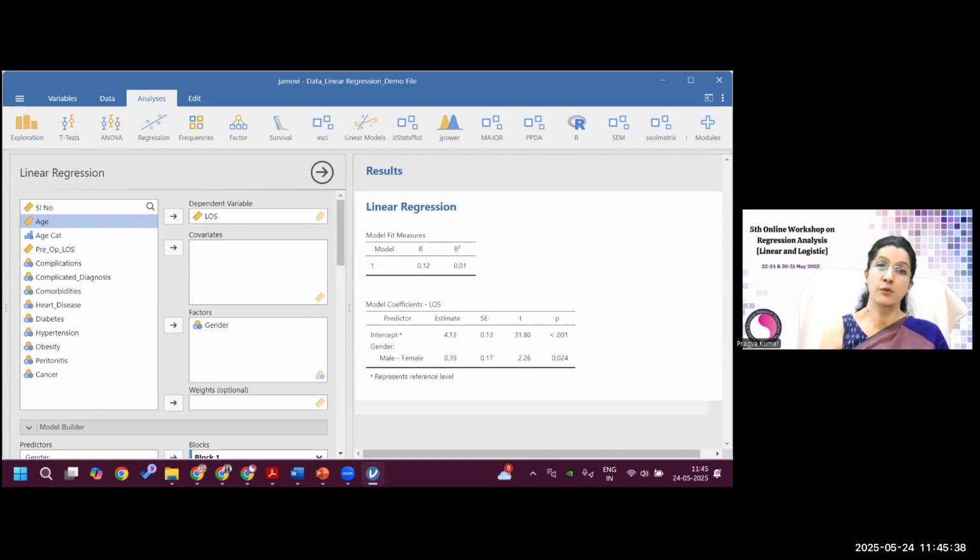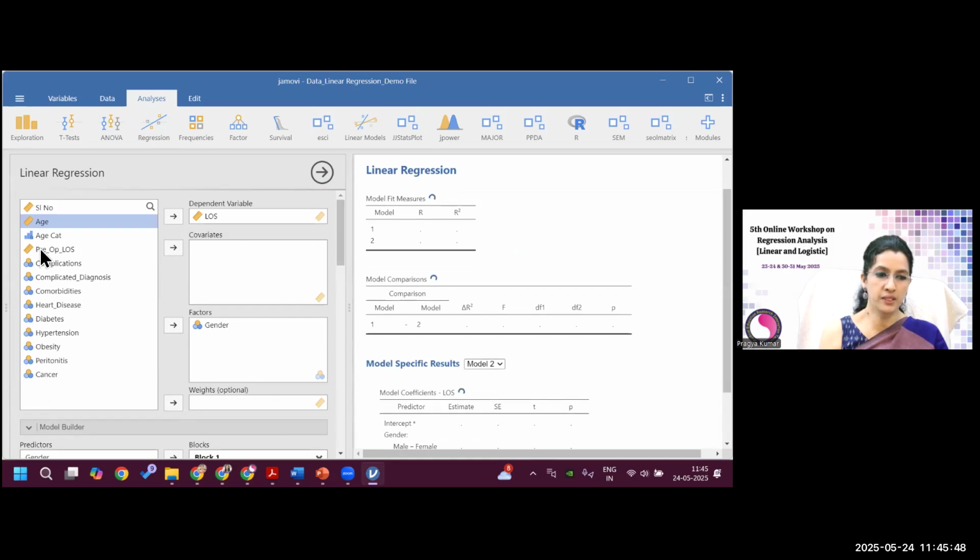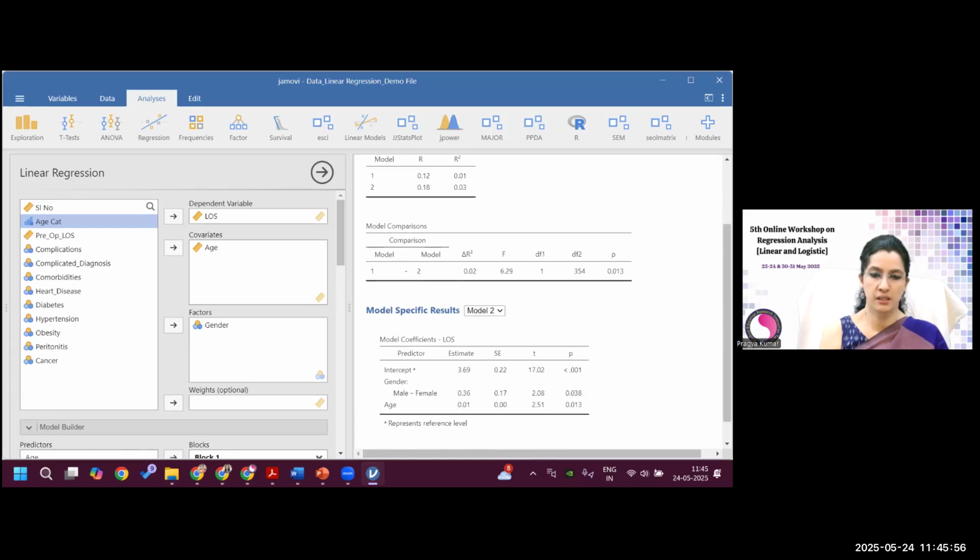And if I want to see whether age is a confounder or not, the effect of beta is 0.39. Now, to see the change in beta, I'll add a new block and move age here as a covariate. If I enter age as a covariate, then it is 0.36, and in model 1 it was 0.39. So there was a change of 0.03.